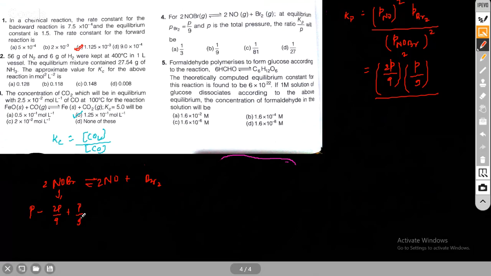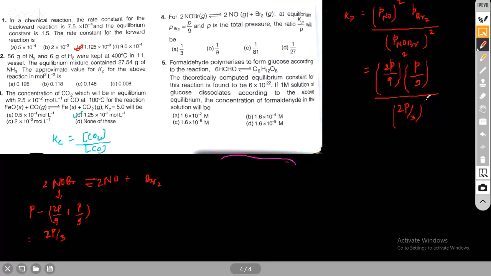We get the equilibrium pressure of NOBr directly: total pressure minus the pressure of these two. When you solve this, you'll get 3P by 3, so 2P by 3, I guess. So it is 2P by 3, and we write here 2P by 3 square. This is equal to Kp. So when you solve this, Kp by P, you will get 1 by 81. Option C is correct.